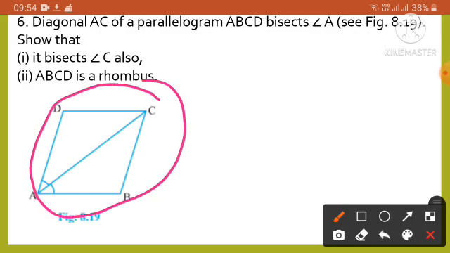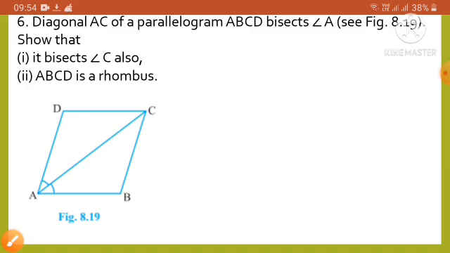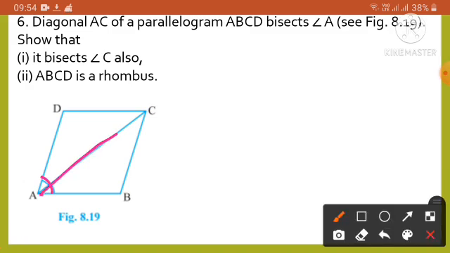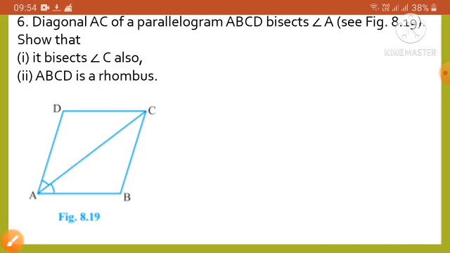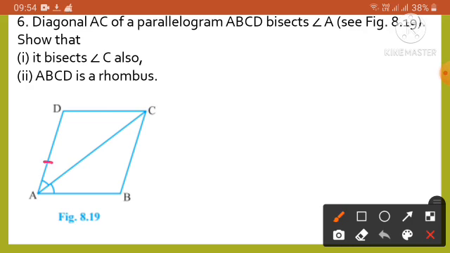So we are having parallelogram ABCD where AC bisects angle A. So angle DAC equals angle BAC, we can say that this angle is equal to this angle.